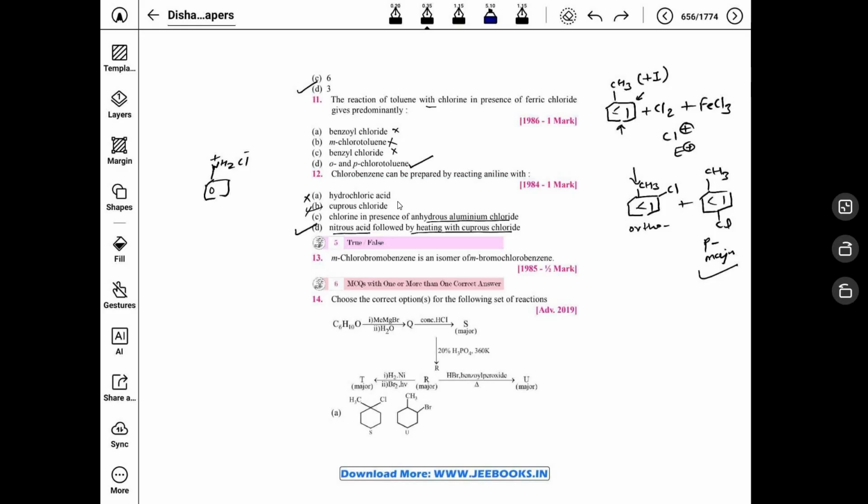Yes, this is the correct answer, because when you react aniline with nitrous acid at 0 degrees Celsius, then you get the diazonium salt, and this diazonium salt can be decomposed by cuprous chloride to the corresponding chlorobenzene. If you use cuprous bromide, then it gives bromobenzene. This is the example of Sandmeyer reaction.